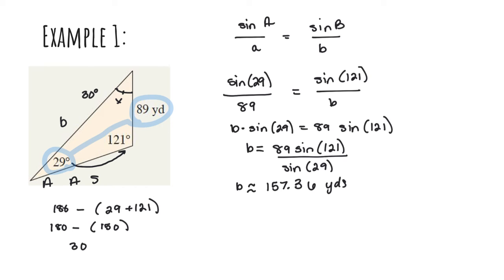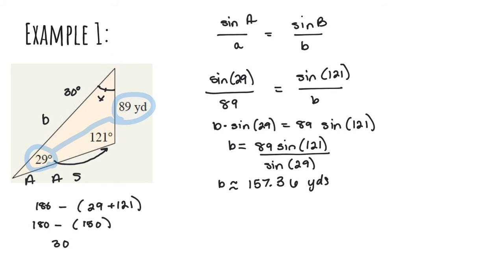Now we can use the same ratio to find that remaining side. Again, we're always going to start with that information that was provided for us. So sine of 29 is to 89 as sine of 30 degrees, the last angle we calculated, and we'll call that side C. Again, we're going to start by cross multiplying.